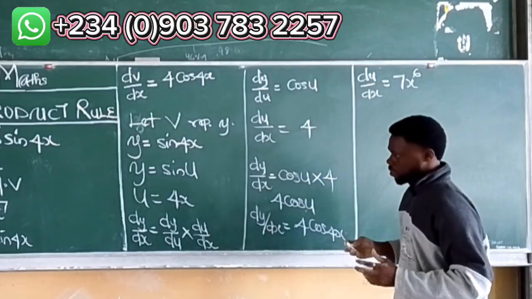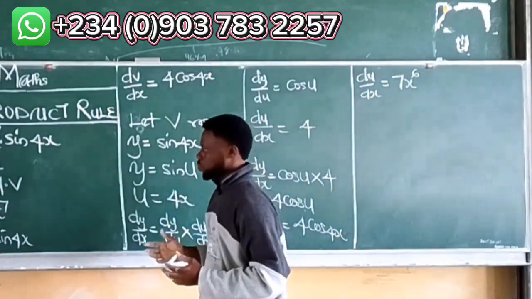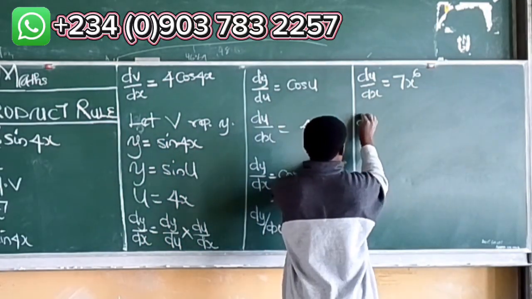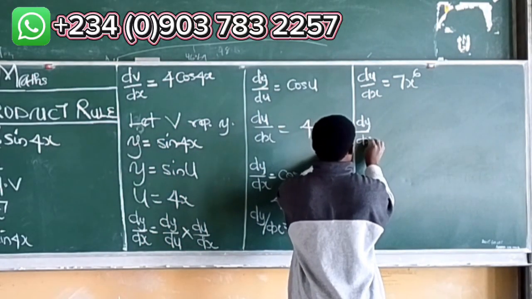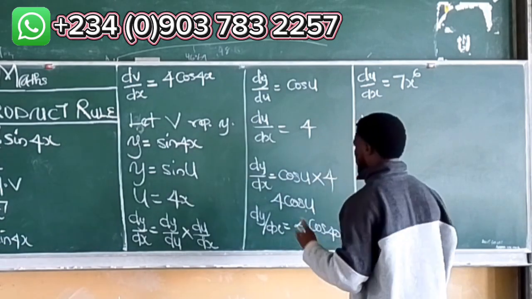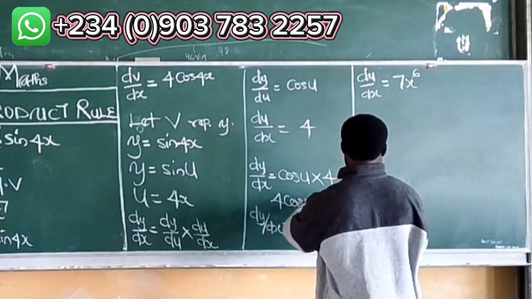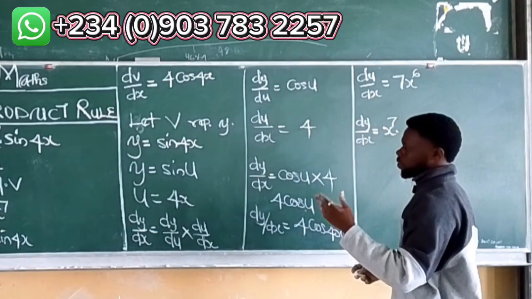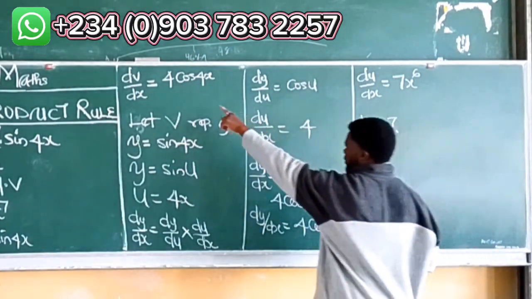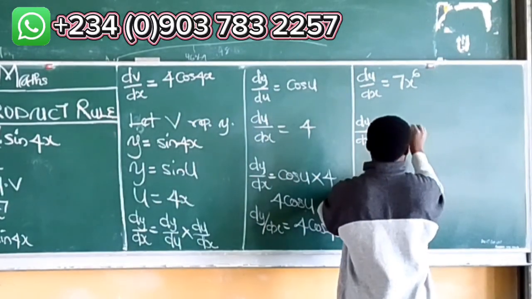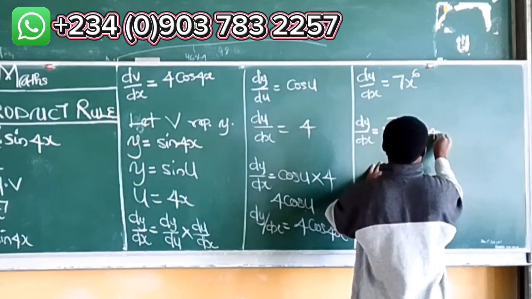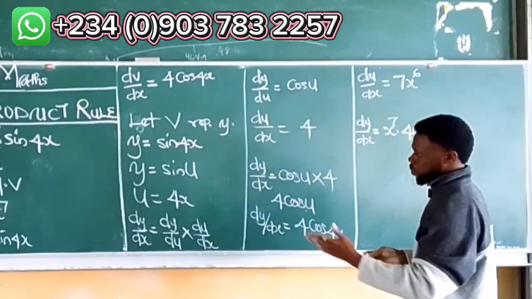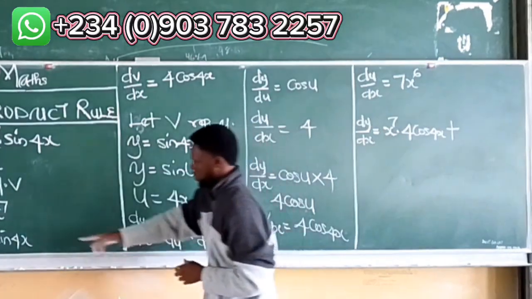Having known this, we can apply the general formula for the product rule, dy over dx. And dy over dx is equal to u, and u is given as x raised to the power of 7, times dv over dx, and dv over dx is this. So we have 4 cos 4x plus v, and v on the board is sine 4x.